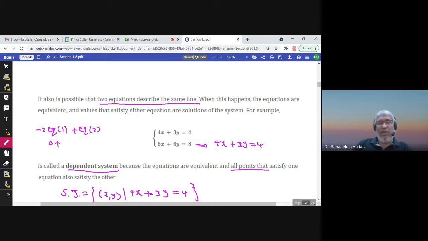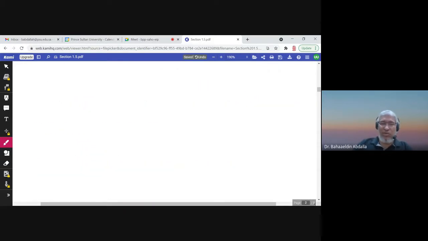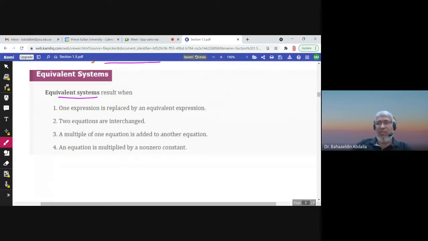Then -2 times 3, -6 plus 6, also 0. -2 times 4, -8 plus 8 equals 0. And we get 0 equals 0. And this is one way to see that the system is dependent when we have 0 equals 0, which means one of the equations is exactly the other one.